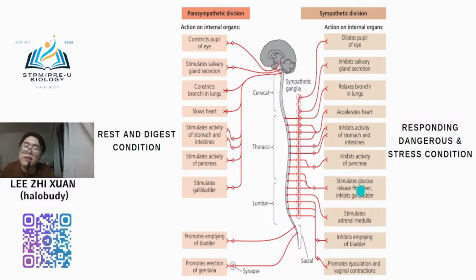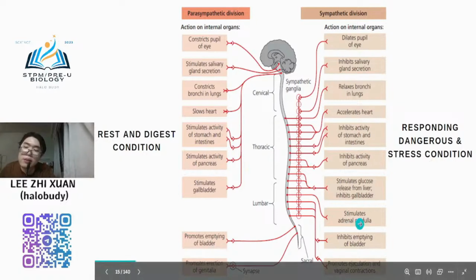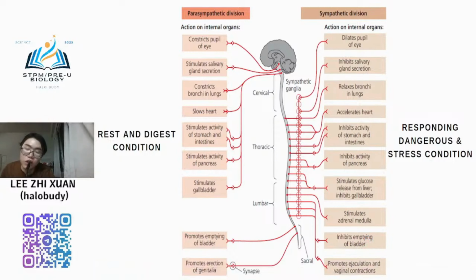It needs to stimulate glucose to increase your metabolic activity, because you are now very stressed too. So you need a high amount of glucose used by the cells to maintain the high metabolic activity. And also it stimulates the adrenal medulla, inhibits emptying of the bladder, and also promotes ejaculation and vaginal contraction.